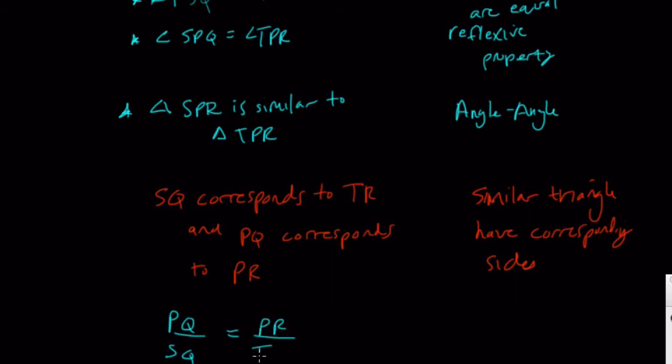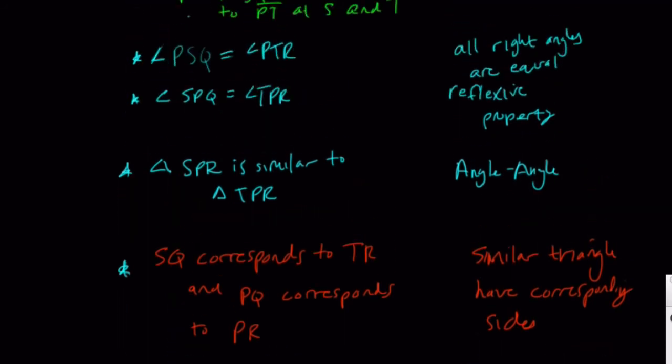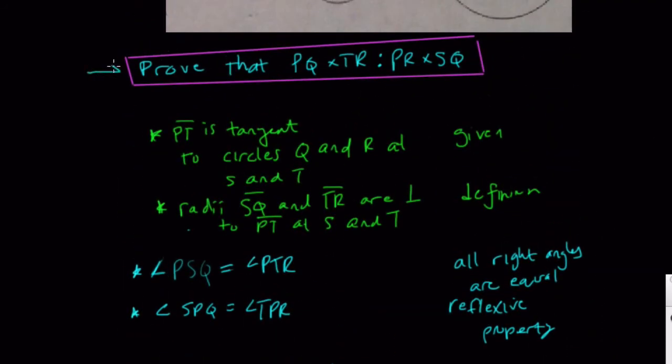Now this is just based on properties of similar triangles. I don't know how much you want to say here, but the ratios of corresponding sides in similar triangles are equal. You can say that full statement again, that the ratios of corresponding sides in similar triangles are equal.